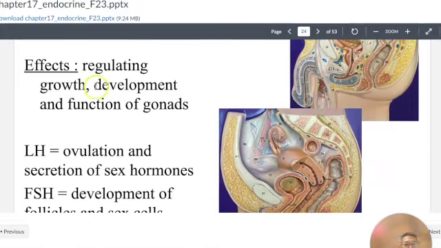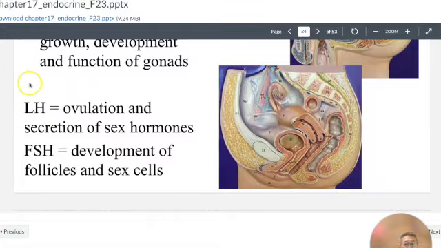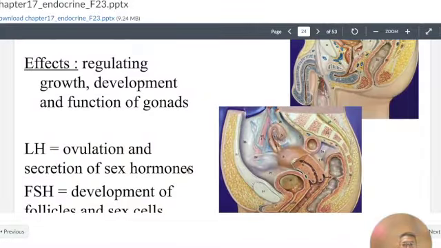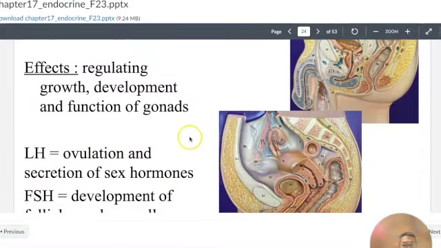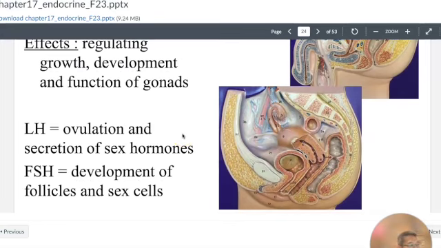The effect: regulating growth, development, and function. Luteinizing hormone helps with ovulation in women and secretion of sex hormones. Follicle stimulating hormone helps with development of the follicle and the sex cells. It's all when we learn the cycle. We're going to learn extensively in the cycle, and we're going to see them.